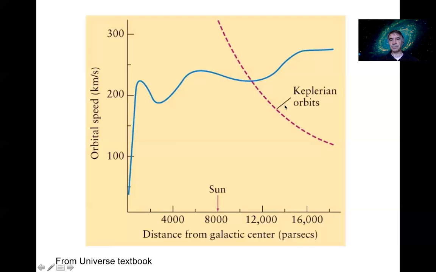If most of the mass is inside, then you'd expect the orbital speed to drop off. You can clearly see that it doesn't. That has major implications for our understanding of how galaxies work, which we will come back to in workshop 5. So don't forget to attend that one.